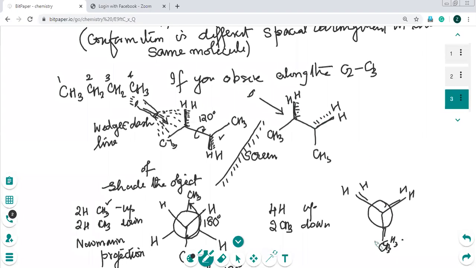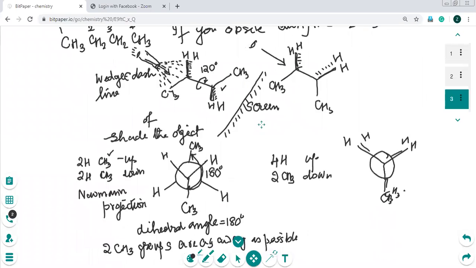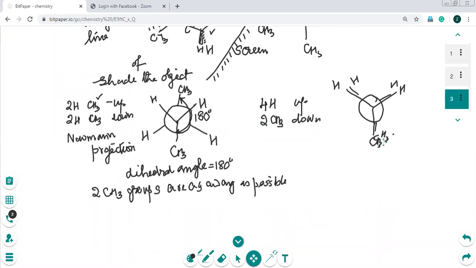Now look here. You have both the CH3 groups on the same side. Both the CH3 groups are very close to each other, and the angle between these two CH3 groups is 0, they're overlapping one above the other. So the dihedral angle is 0. At that point, you have two CH3 groups which are very close to each other.